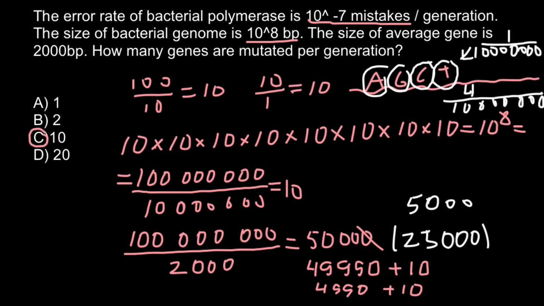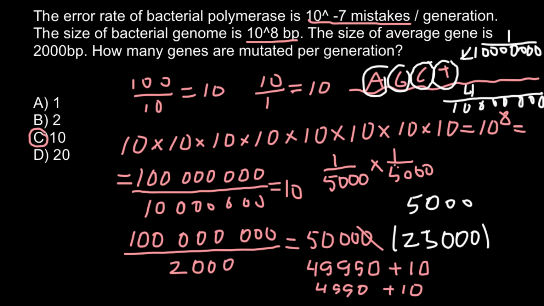So, for example, if we would take this number, the probability that 2 mutations would happen in the same gene would be 1 out of 5,000 multiplied by 1 out of 5,000.